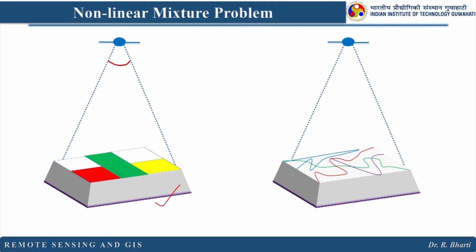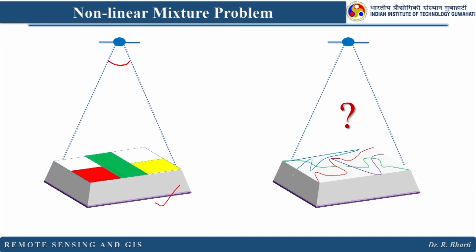So, in that case we need to look for the non-linear approaches, right. So, in hyperspectral remote sensing, it is very important to have a spectral library where you have stored all the unique spectra or the pure spectra of X, Y, Z or known materials, right.